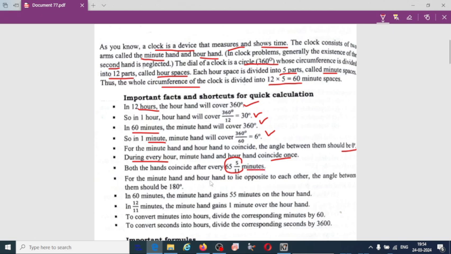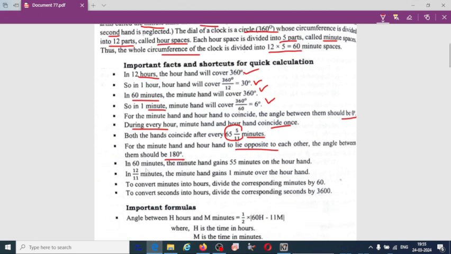For the minute hand and hour hand to lie opposite to each other, the angle between them must be 180 degree. In 60 minutes, the minute hand gains 55 minutes on hour hand. So in 12 divided by 11 minutes, the minute hand gains 1 minute over the hour hand.